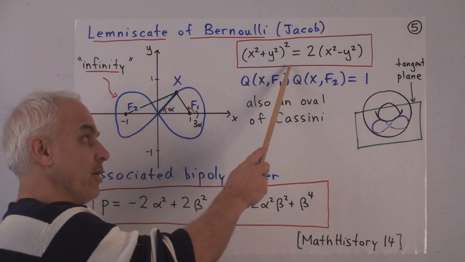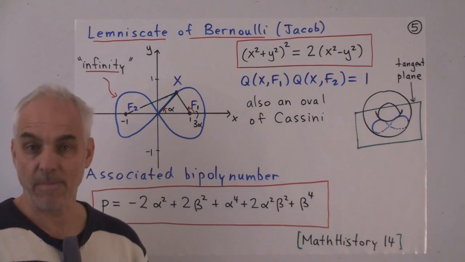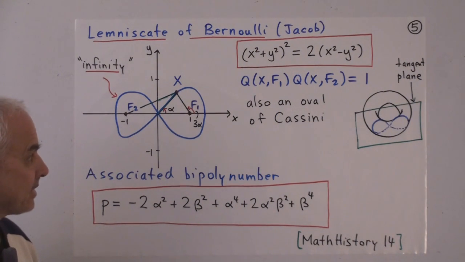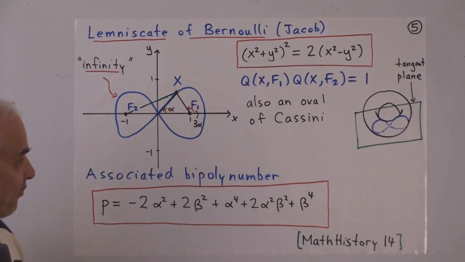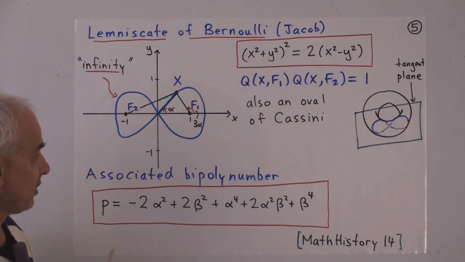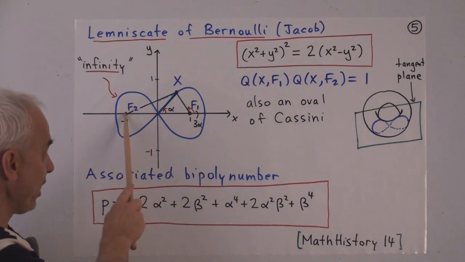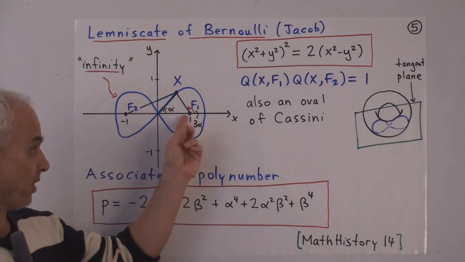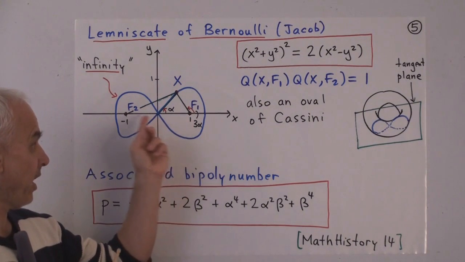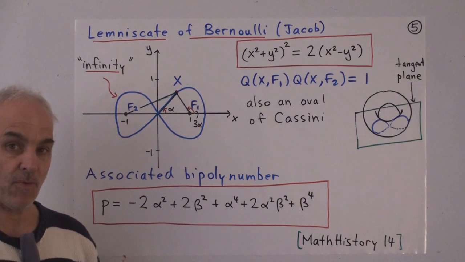And this equation arises in a very nice geometrical way as the equation satisfied by a point x such that the product of its quadrances to the point F1 and the point F2 is equal to 1. So F1 is the point on the x-axis with coordinate 1, and F2 is the point with coordinate -1.